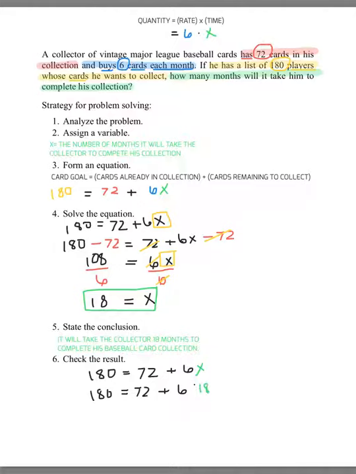And therefore, we'll bring down the 180, bring down the 72 as well. And then 6 times 18 is 108. So on the left-hand side, we bring down the 180 one more time. And on the right-hand side, 72 plus 108 is also equal to 180. So this verifies that our solution is indeed correct.